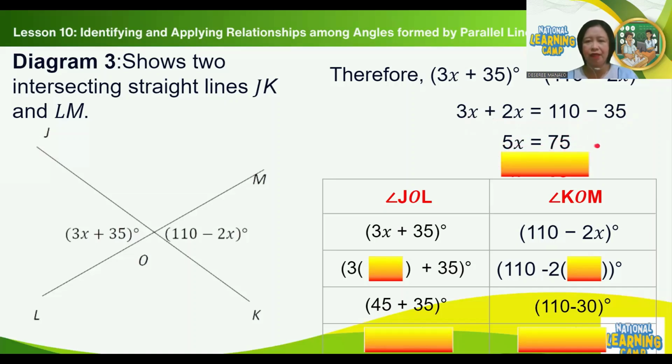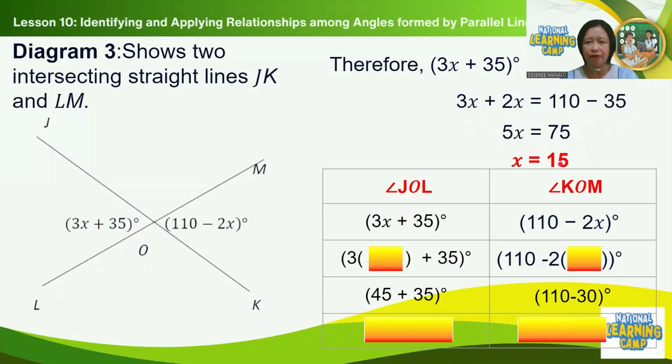And now the answer is x equals 15. Since we have the value of x, which is 15, we can substitute this value to the variable x in 3x plus 35 degrees to get the value of angle JOL.